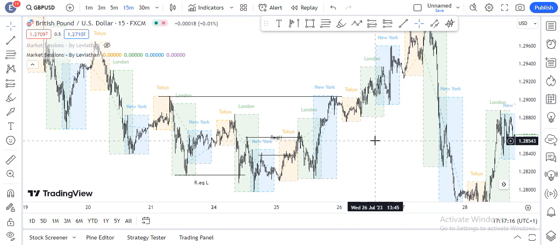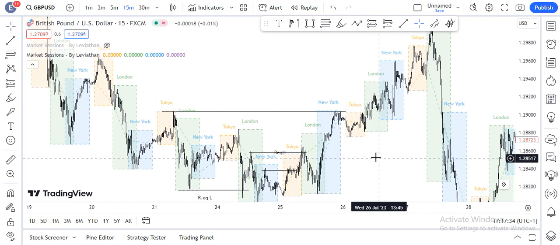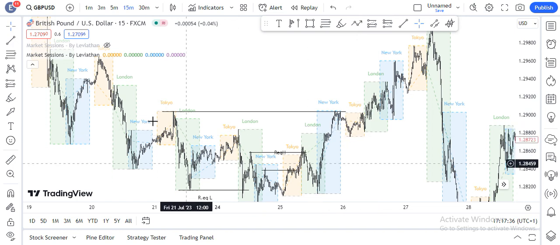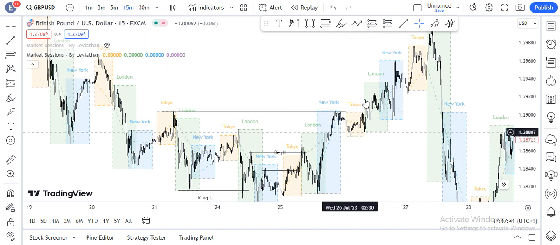Now the next liquidity I'm going to teach you guys, for educational purposes, let's call it trend line liquidity, because the liquidity is going to be building in the form of a trend. Once the market keeps making consistent higher highs and consistent lower lows, it means that all around those points there are traders and institutions placing trades.